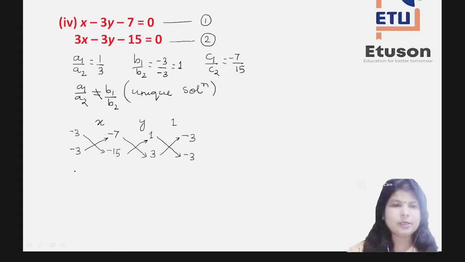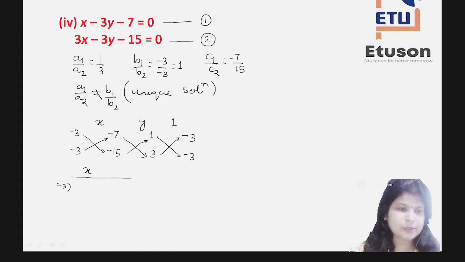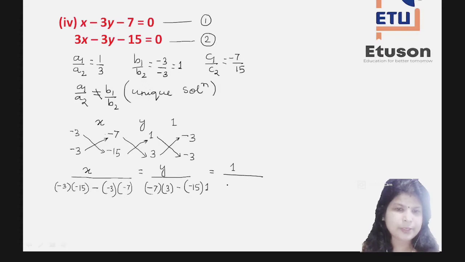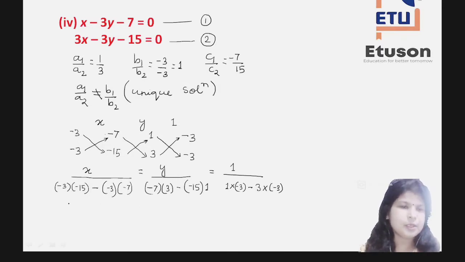Then you can write it in this form: x divided by minus 3 into minus 15 minus minus 3 into minus 7, correct, is equal to y divided by minus 7 into 3 minus minus 15 into 1, is equal to 1 divided by 1 into minus 3 minus 3 into minus 3. Correct? So now let us solve it.